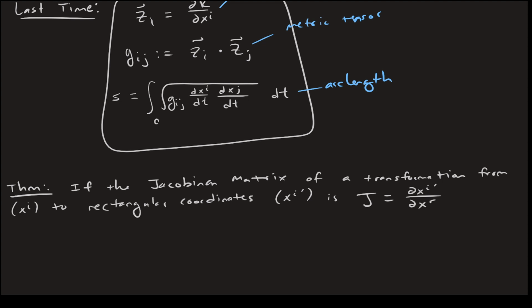So differentiating the rectangular coordinates with respect to the non-rectangular coordinates to get the Jacobian.